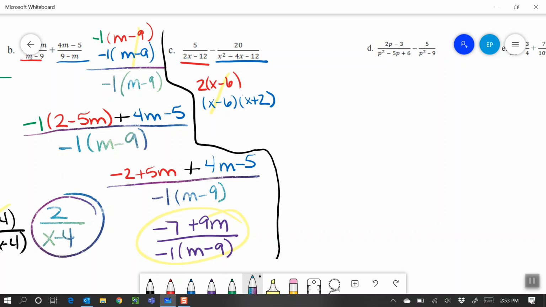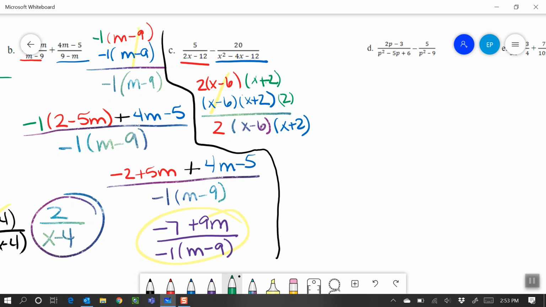So my LCM is going to have what's the same, which is x minus 6, and then what's different. So I have an x plus 2, and I have that red 2 up front. So as you can see, what I need is on the red fraction, I need the blue part, which is the x plus 2. And on the blue part, I need that red 2, so I'm going to multiply by 2.